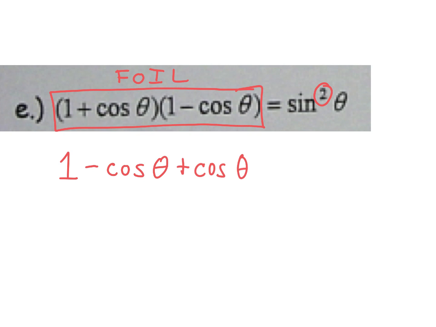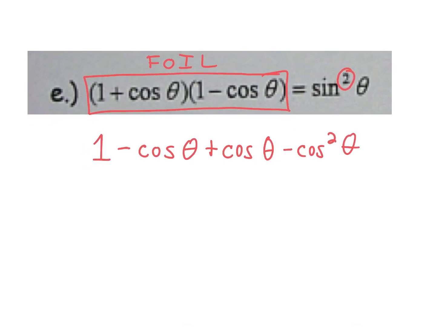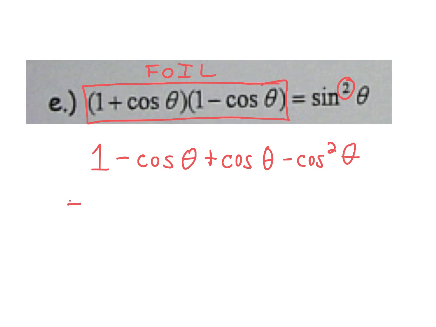And then my last is positive cosine times negative cosine, which would give me negative cosine squared theta. Simplifying this line, my outers and inners cancel. Negative cosine plus positive cosine, those are additive inverses, they make 0. So what I have left over is 1 minus cosine squared theta.